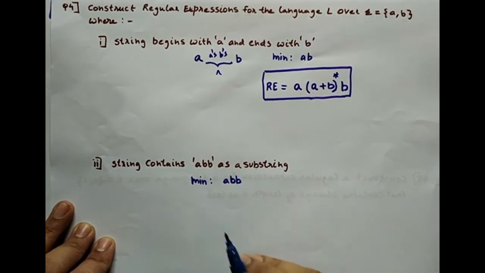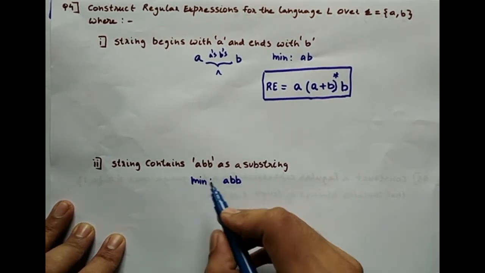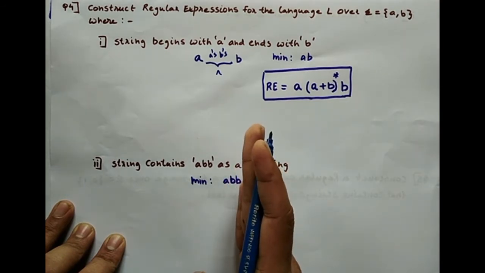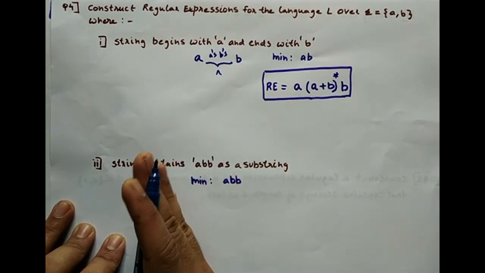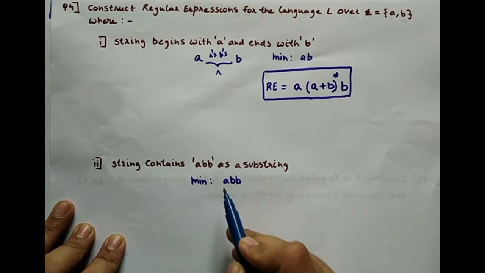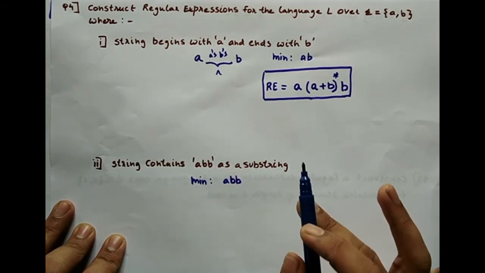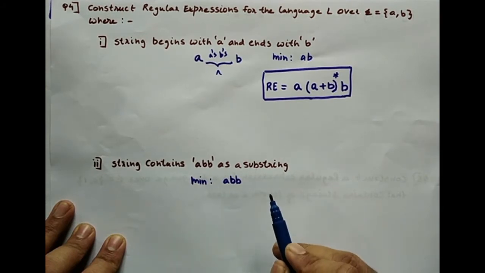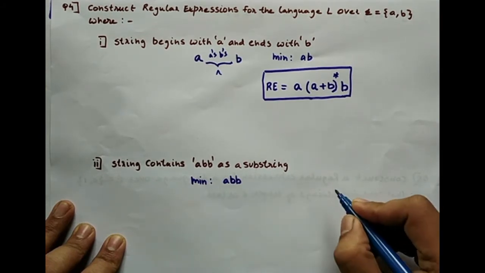Right? So the minimum possible string will be abb, which means the left side part of abb is null and the right hand side part of abb is also null. But otherwise, the left hand side and right hand side part of abb could be any combination of a's and b's.